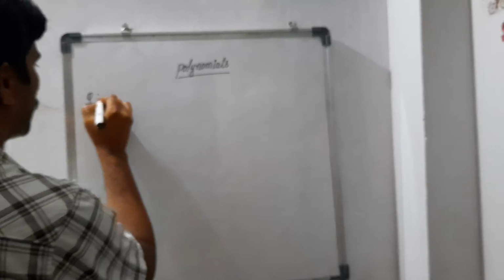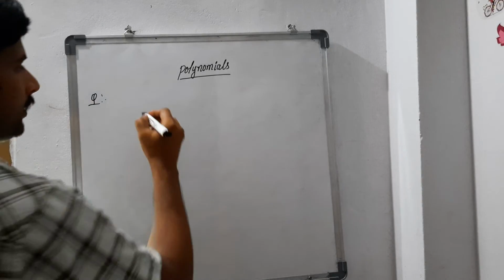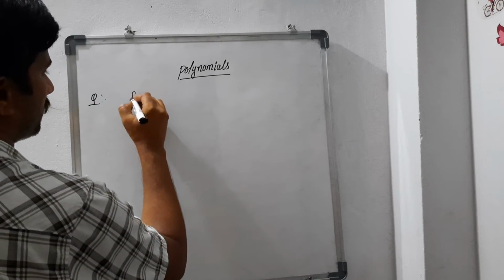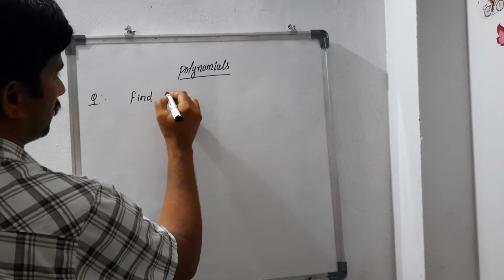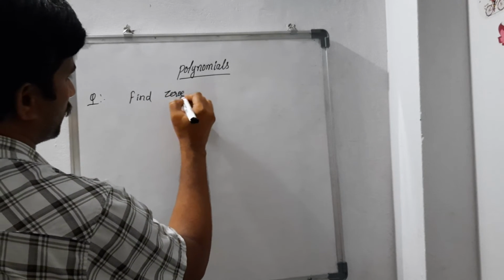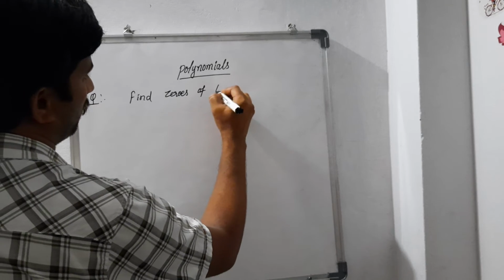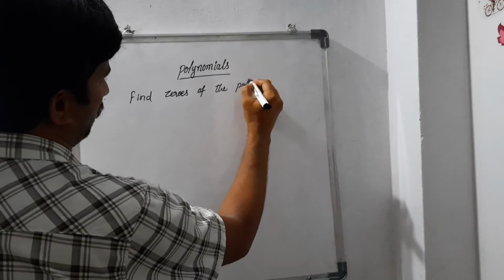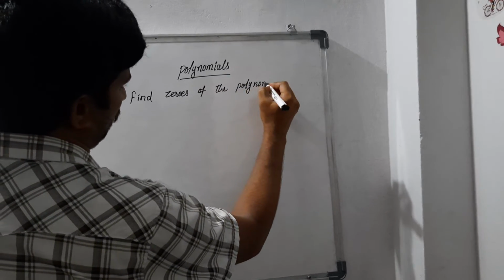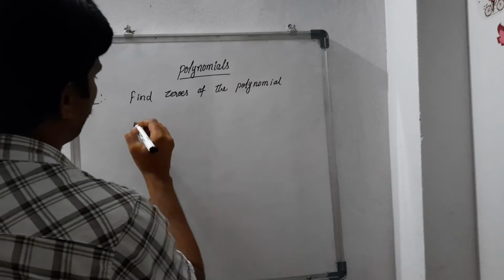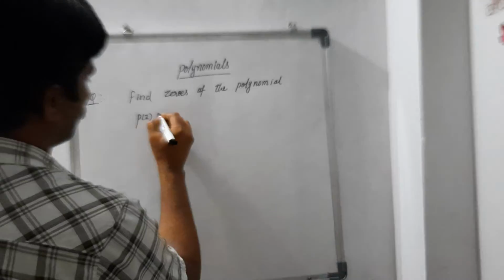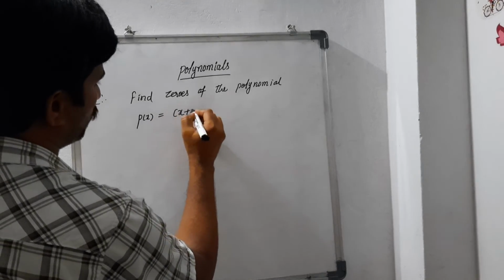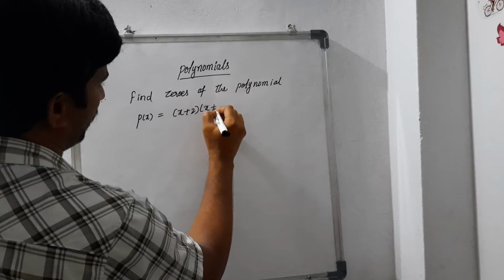Now, let us take a small problem: how to find the zeros of the given polynomial. Find the zeros of the polynomial p of x is equal to x plus 2 into x plus 3.